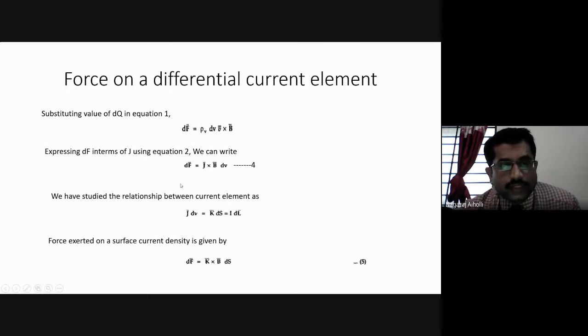Now we also know the relationship between the different current elements. J bar is the current density with respect to the volume, so J bar dv will be equal to K bar ds, where K bar is the surface current density with respect to the surface. That will also be equal to I dl bar, the line current element with respect to the length.